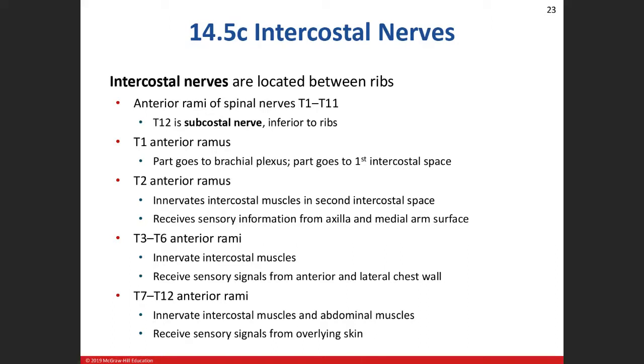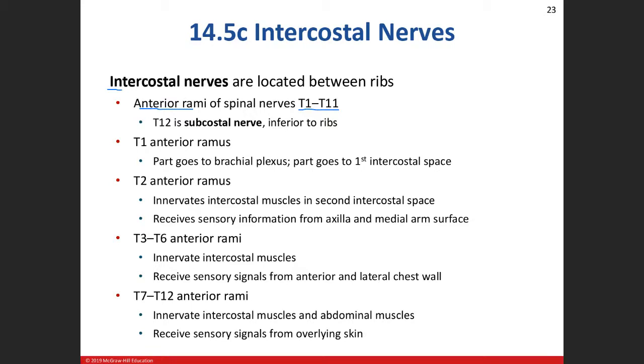The intercostal nerves are named aptly because they're in between the ribs. These are specifically the anterior rami from T1 to T11. T12 gets its own special name, the subcostal nerve.